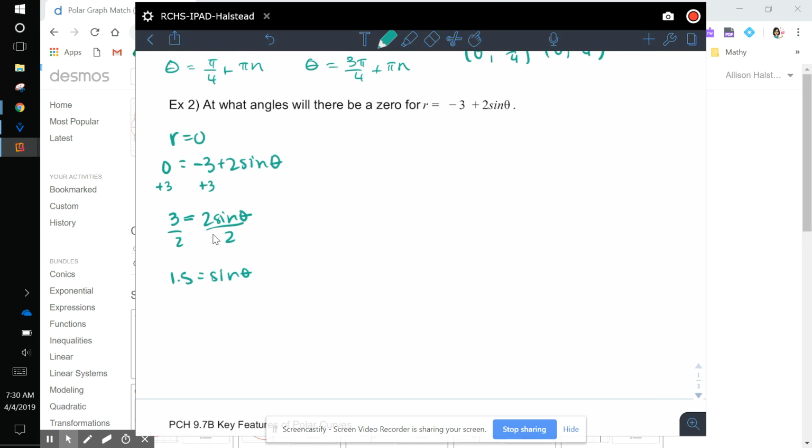And if I take the sine inverse of 3 over 2, I get an error because 1.5 is not in sine's domain. Therefore, there are no zeros for this function.